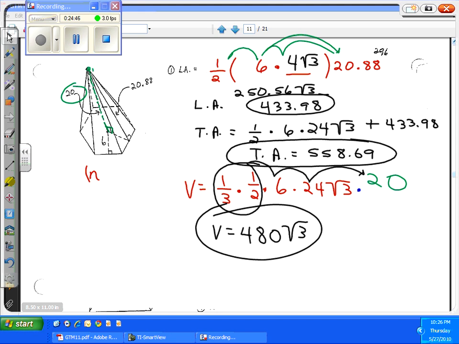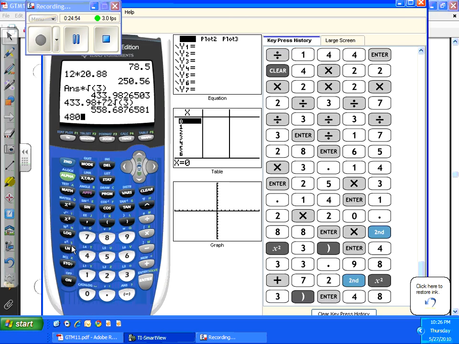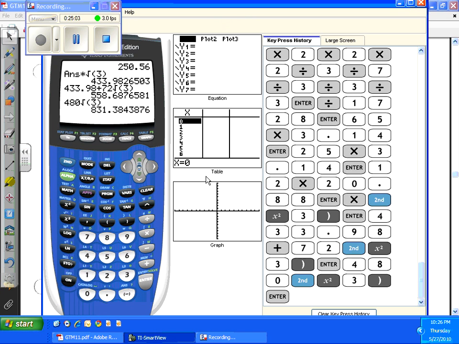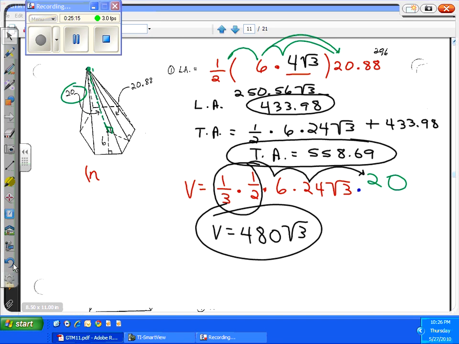That's approximately 720. We can go ahead and check that out if you want the decimal form. 480 square root 3. It's not. It's 831 because I had messed up on the other one, right? So 831.34 if you wanted a decimal value.